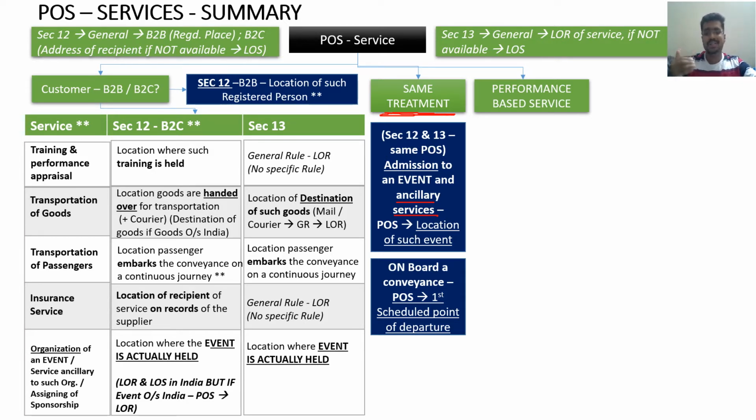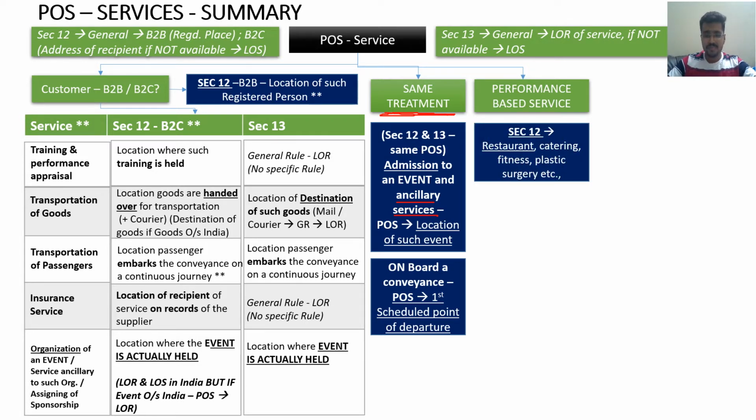So what are these services in section 12 and section 13? We'll just have a look. Say section 12, in section 12 for these services the place of supply will be the place where it is actually performed. What are those services?